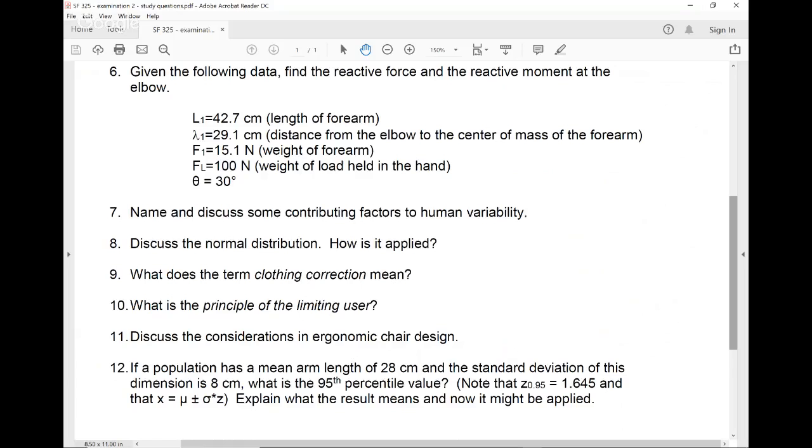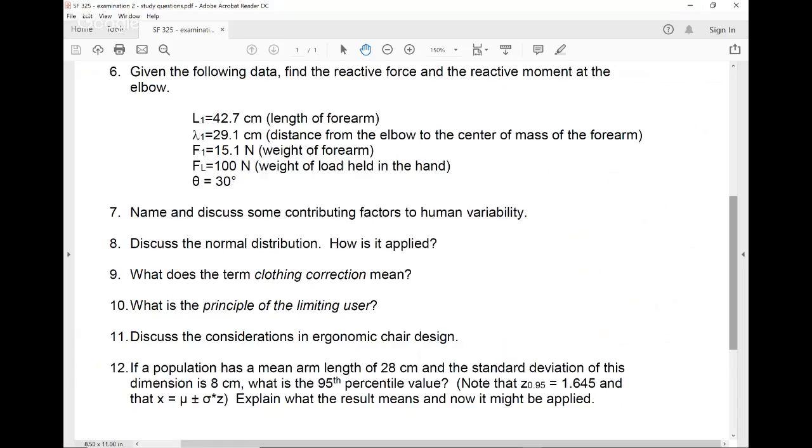So force multiplied by R, the radius, but it's the distance. So it'd be these 2 values, multiplied by the sine of theta. That's all you would need to remember for that. Once you get the torques, then you'd add them up.